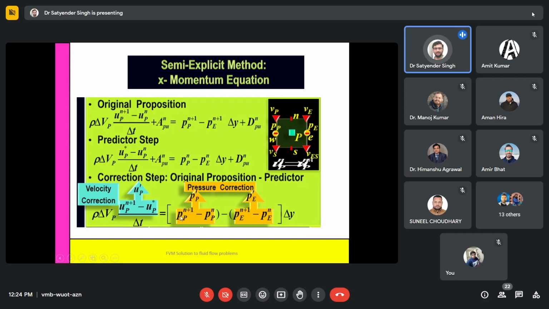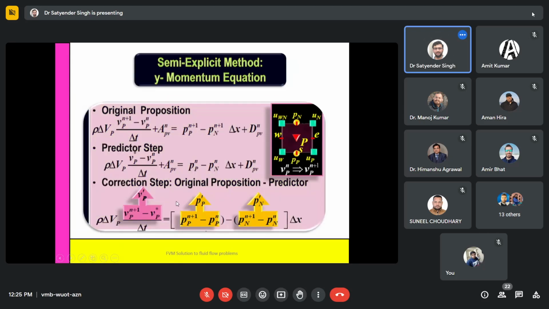Until I get the value of p, this equation cannot be solved, meaning the new value for u p n plus 1 cannot be solved. So what I do in the corrector step is predict the value of pressure from two methods. That I will show you.